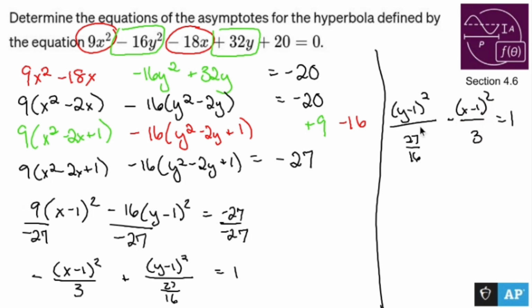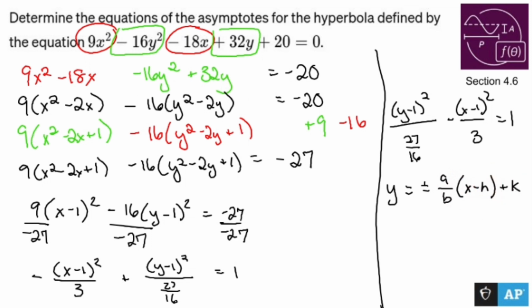An equation where the y part comes first, then the minus sign, gives you slant asymptotes at y = plus or minus a over b times (x - h) plus k.